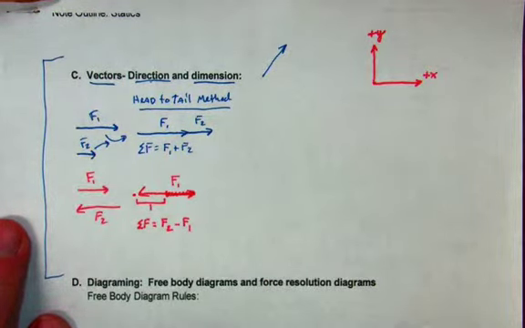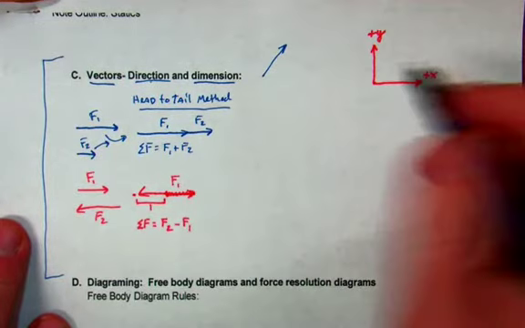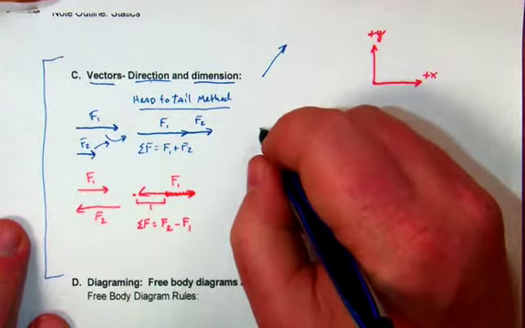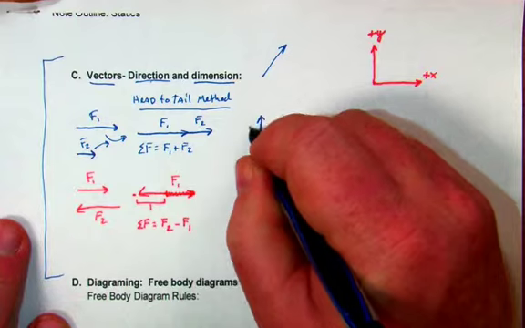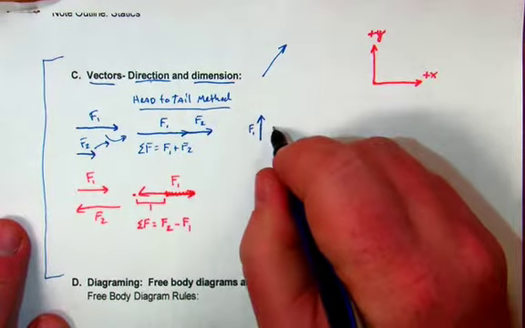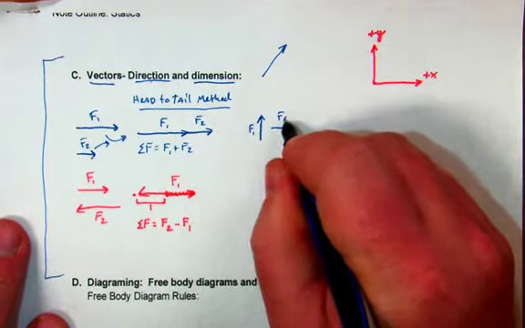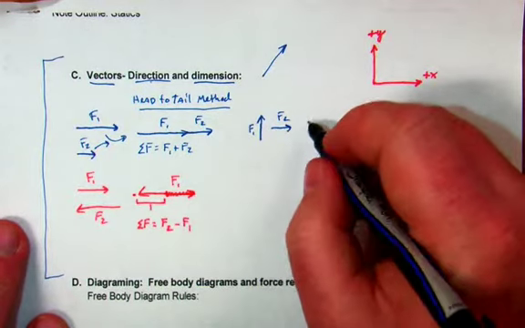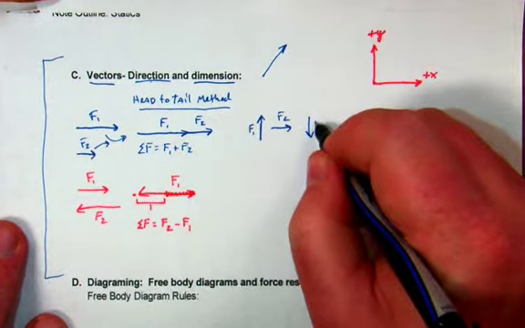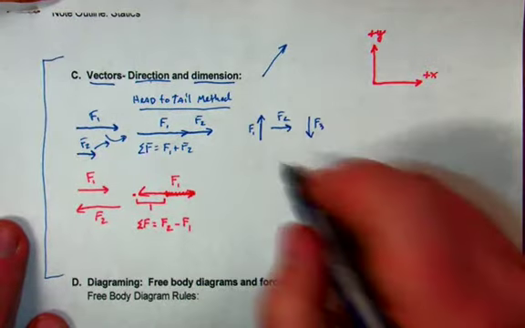Now, you can also do the head-to-tail method if they're in two dimensions. So let's say I have a vector F1 that goes up. I have another vector F2 that goes like that, and maybe I have another vector F3 that goes like that. I would do the exact same thing.